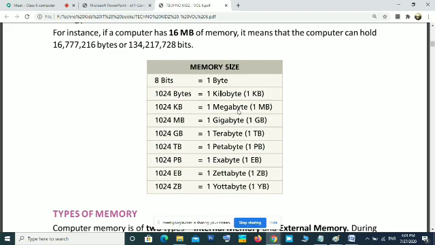Nowadays 2 GB graphics is available in a computer, but in a mobile phone the GPU is built in with the motherboard, so mobile manufacturers will decide. Mobile and computer technology is different.